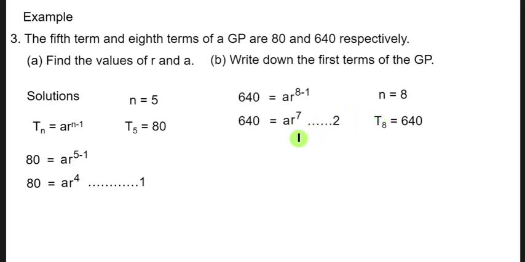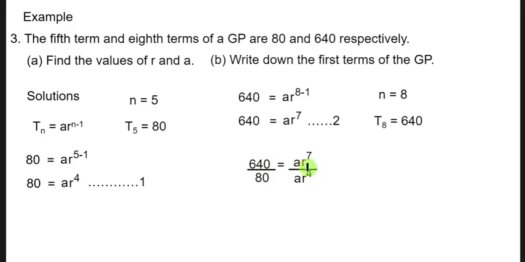So now the secret part here is to get equation 1 and equation 2, and divide them. When you divide them, since this is equal to this, we divide by 80 on one side and by AR^4 on the other. So the question is, why are we dividing? So that we cancel A. Is it really making sense that we are dividing?